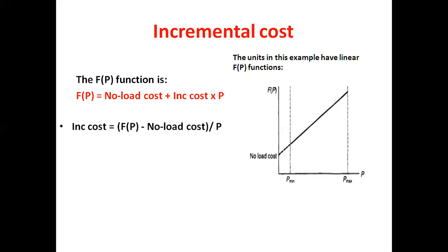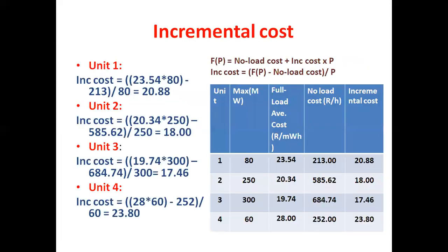We will see it later. So the incremental cost is the total fuel cost minus no load cost divided by power. So let us calculate the incremental cost. It is given from the data table in example 1. There are 4 units, 1, 2, 3, 4, and their maximum capacities are 80, 250, 360.